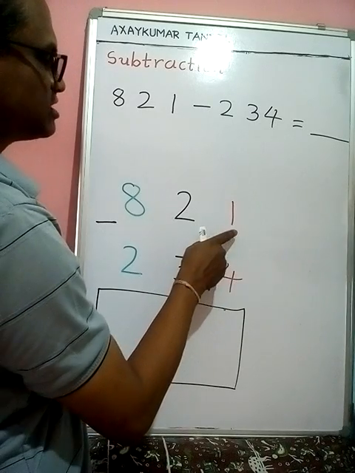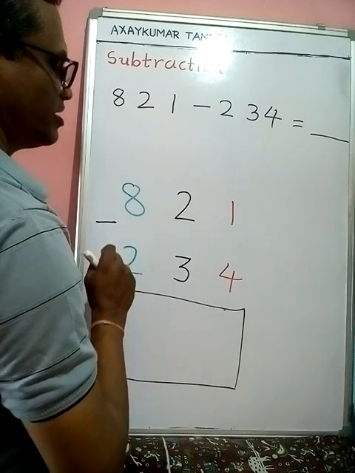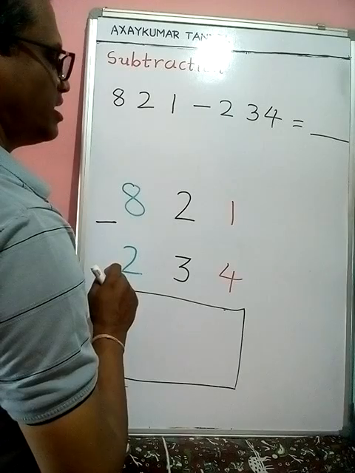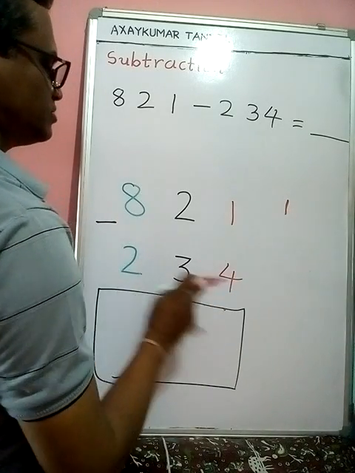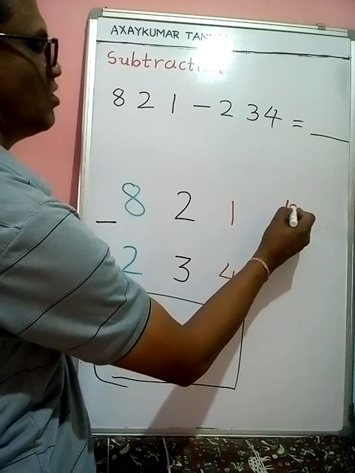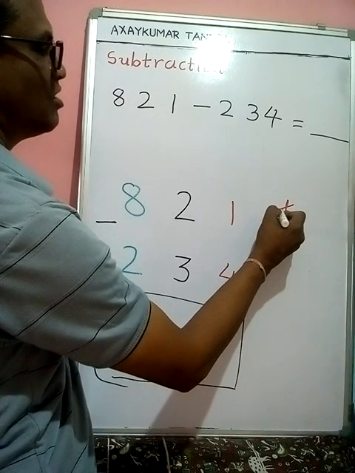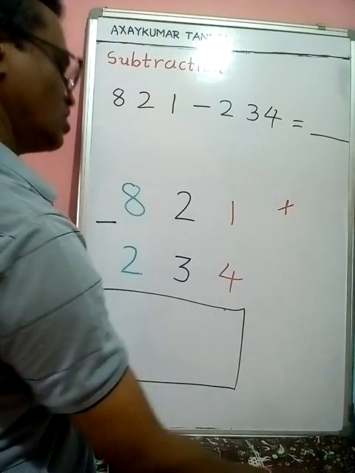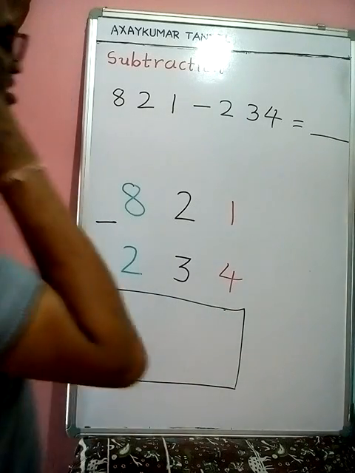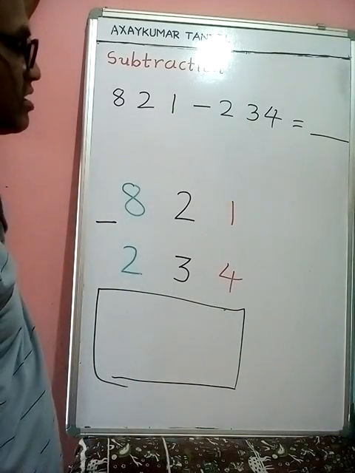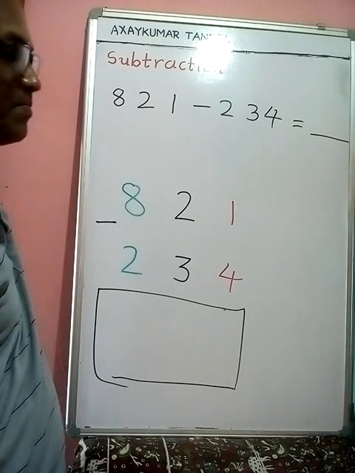Therefore, we cannot subtract 4 from 1. If we draw one line and minus 4, we can only cut 1, not 4. If we cannot cut, what will we do?